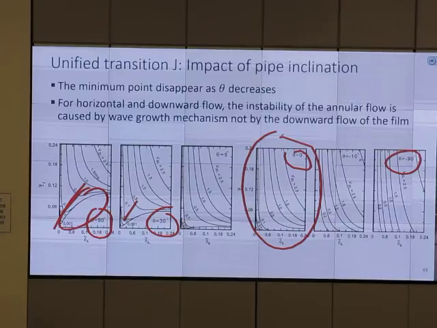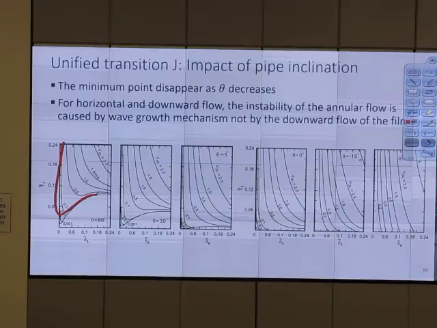We don't have that part of the graph anymore. The minimum point tells us that it's naturally unstable because the film flows backward. We don't have enough supply of shear stress. It is annular flow, but the math tells us that it will flow backward and it's not stable.